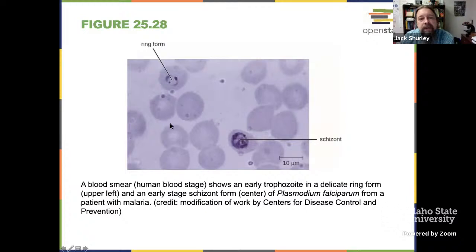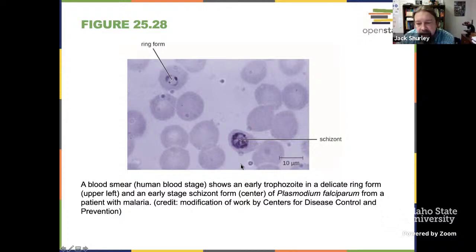So this image is a blood smear from an individual infected with malaria. As I showed in the previous slide, they form this ring stage or ring form. It's a trophozoite where it's actively feeding and dividing inside of that red cell, creating the schizont, where it's got multiple rounds of division occurring to create the baby parasites, if you will.